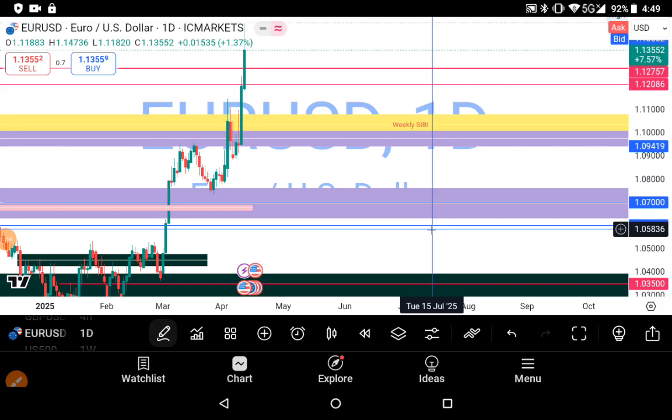So the moment that level has been taken, then I expect the market price to revisit 1.11,000. So I'm watching, is the market price interested to revisit 1.11,000?